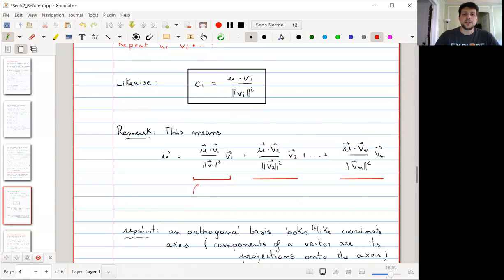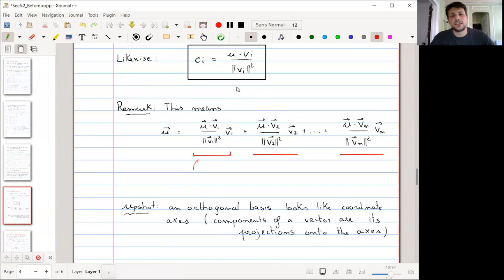Let me just remark about this. We have seen expressions like this before when we were talking about projections of vectors onto some other vector. In particular, if we look at the decomposition that we just obtained, so u we'll write like this in terms of v1 through vn. Each one of these is the projection of the vector u onto, well, in this particular case, v1.